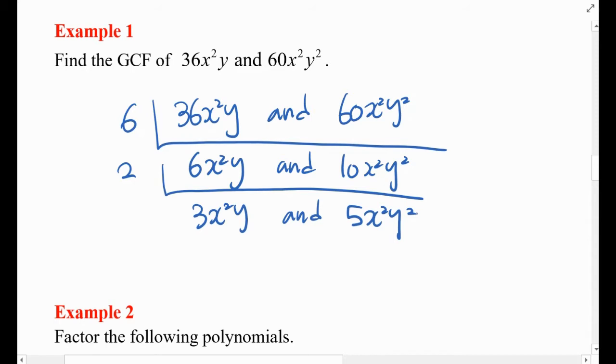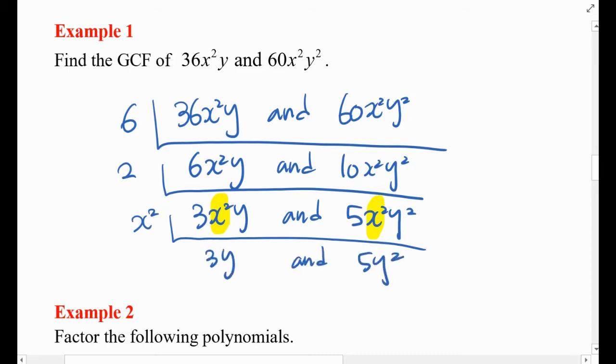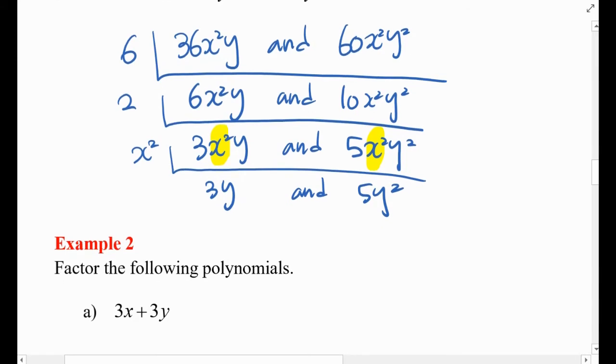We cannot find any more numbers, but we can divide both expressions by x squared. Then 3y, 5y squared. And what else can we do? We can divide both by 1y.